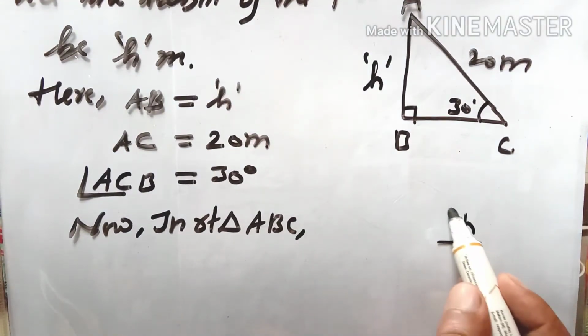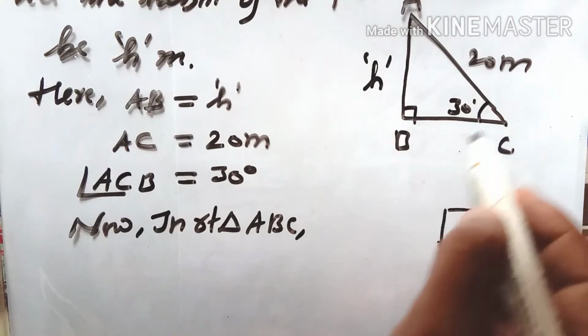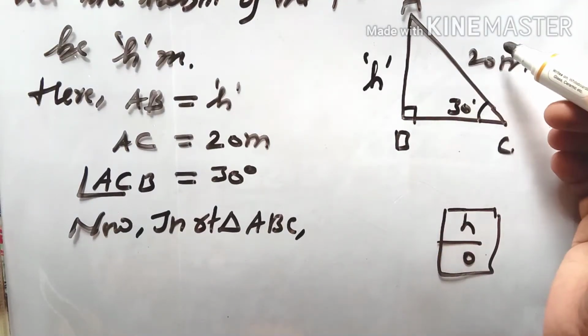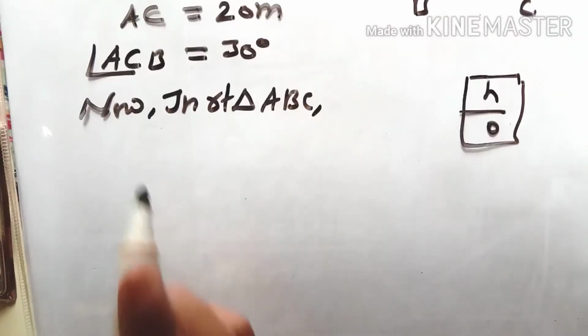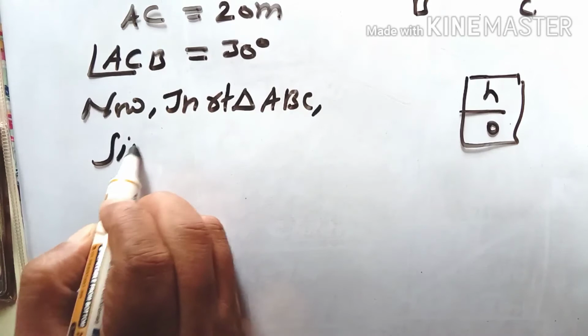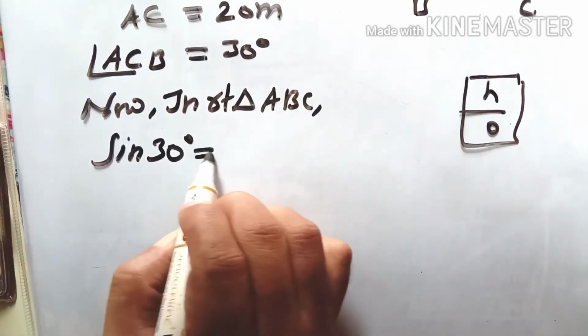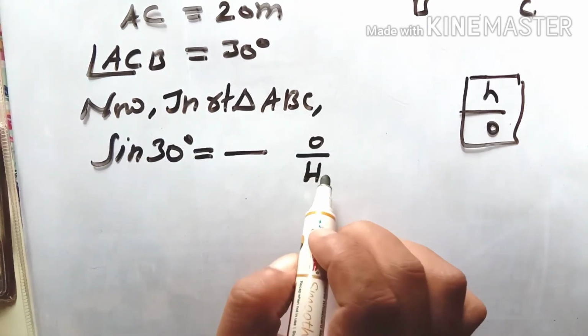So what ratio can be formed with the opposite and hypotenuse? So since here the question is related with the hypotenuse side is given, we can take the ratio of sine theta. So taking the help of the sine ratio, sine theta is given here 30 degree equals to, we know that sine theta is equals to opposite by hypotenuse side.